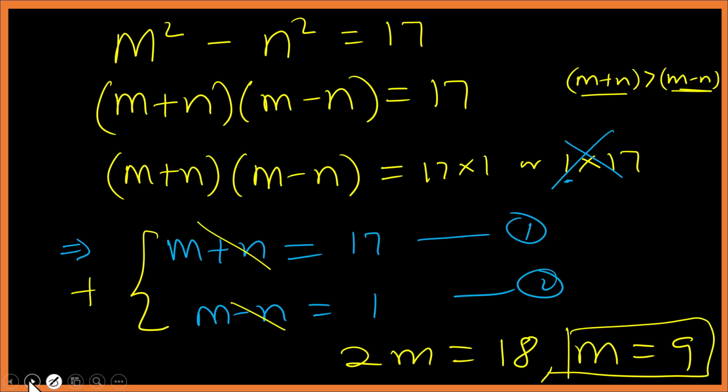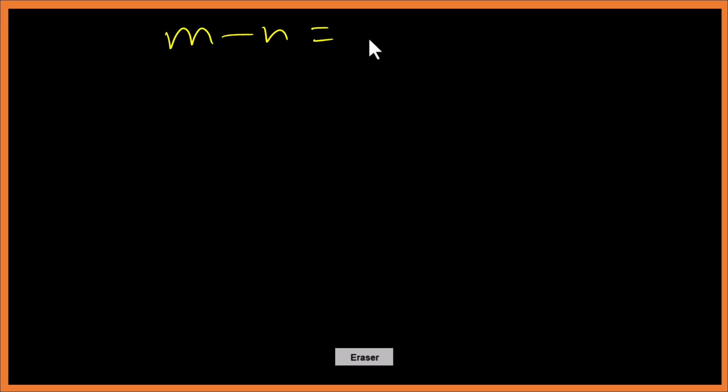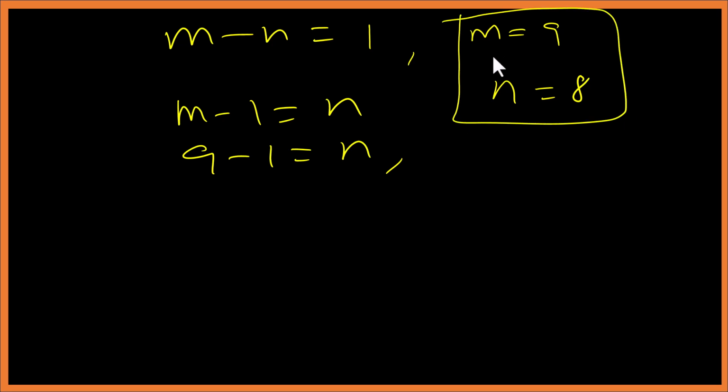So using equation 2, m minus n equals, sorry, equals 1. But m is 9, so we have 9 minus 1 equals n. Therefore, n is 8. So we have two answers here.